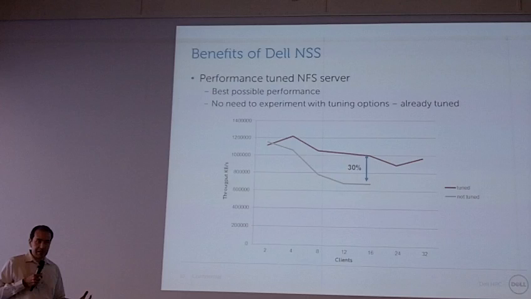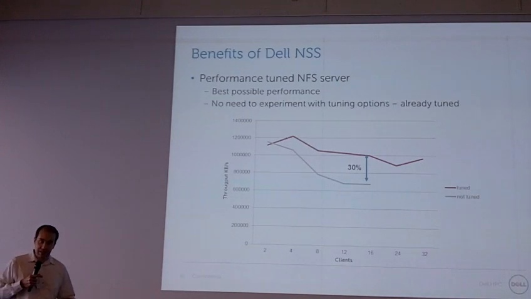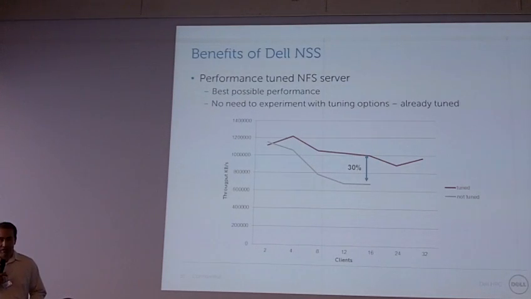And we did similar studies for RAID chunk size, how much data we stripe on every disk. We did a similar study for number of NFS daemons, how many NFS daemons we create. We did similar studies for I/O scheduler, so CFQ versus deadline.